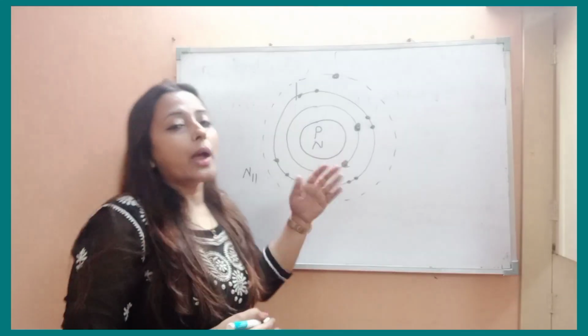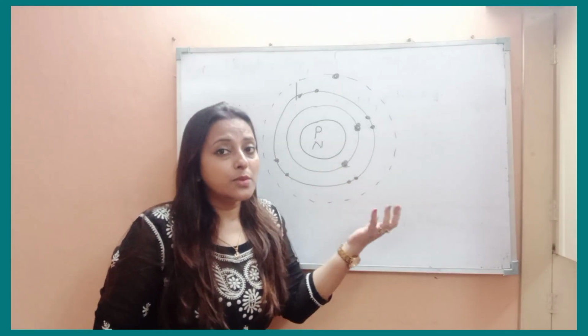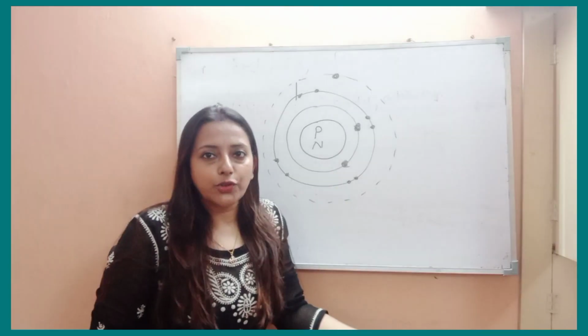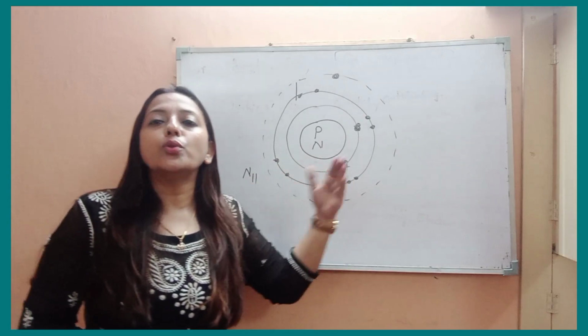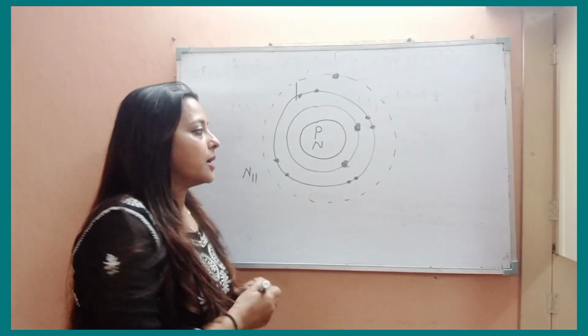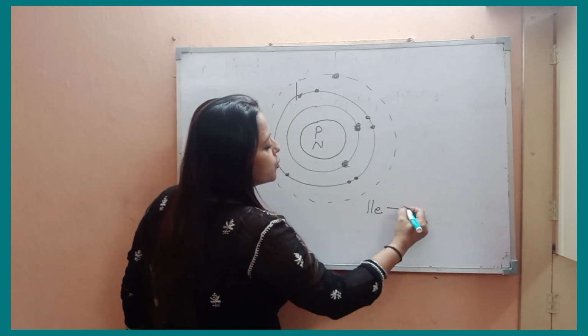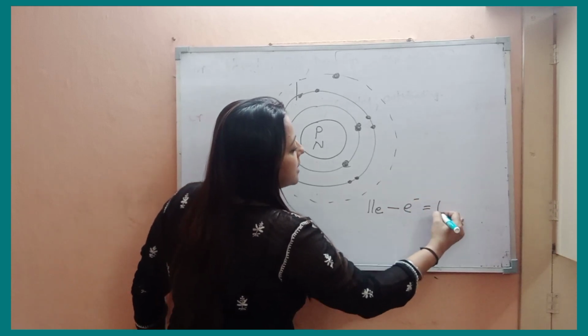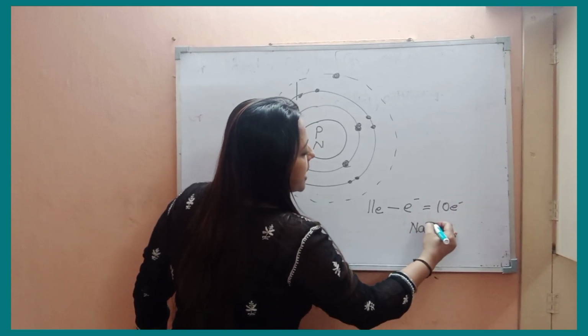To become stable, it is easier for sodium to lose 1 electron rather than gain 7 electrons. So sodium is going to lose 1 electron to become stable. Sodium has 11 electrons, loses 1, and now has 10 electrons, and sodium becomes Na+.